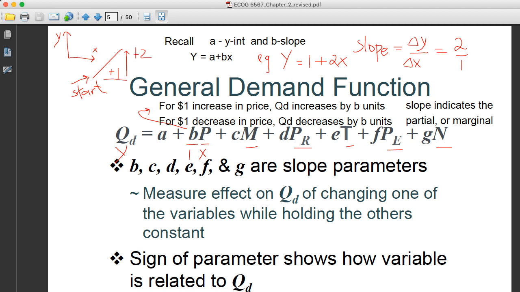And I have to add the notion to my interpretation, because there's all these other variables, I can't just ignore them. Here it was easy up here to say 1 unit change in X results in a 2 unit change in Y. I didn't have any other variables to talk about. But in this example, how can I say that the price change here isn't going to affect other variables?